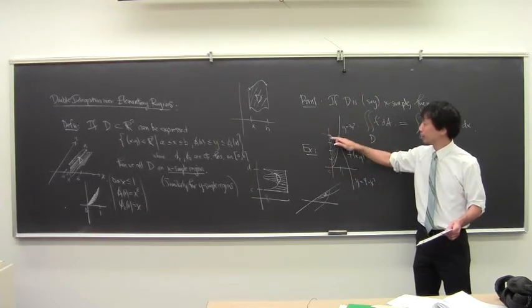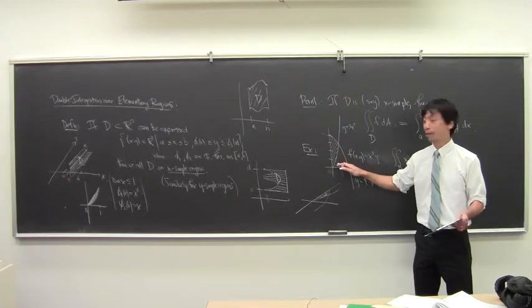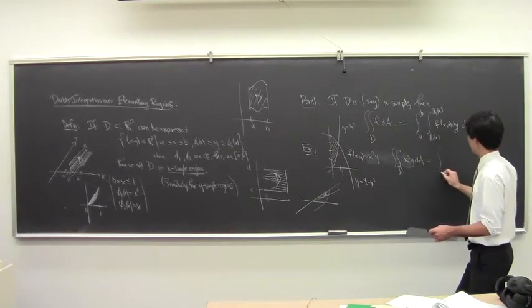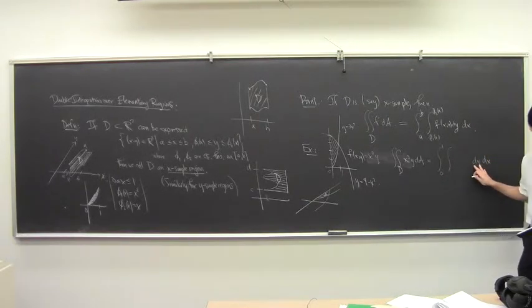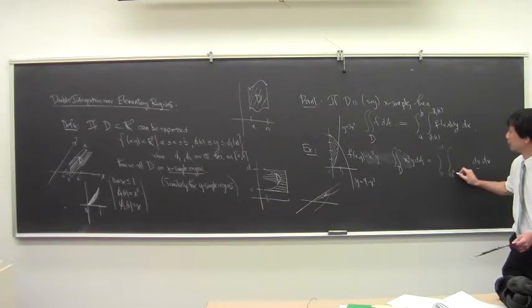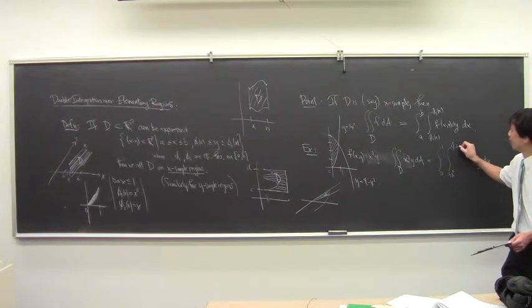You've got one function of x, and you've got another function of x. So this is going to be the integral. The x's range from 0 to 1, and the range of the y's depends on the x's. It'll range from 3x squared up to 4 minus x squared.